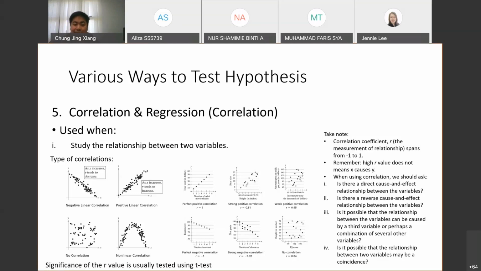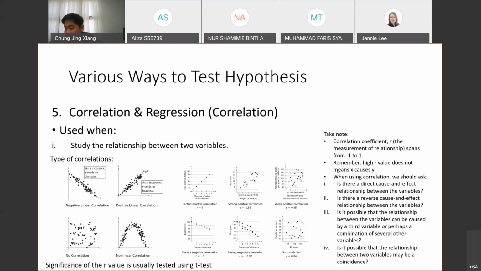If the relationship is totally, absolutely strong, when X increases, Y will increase this much, and Y will always increase this much. But sometimes it may not be so much. Sometimes X increases like this, Y increases like this, or sometimes Y increases more or less. So you will have different values of R.